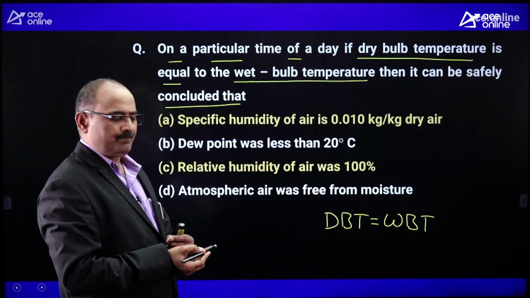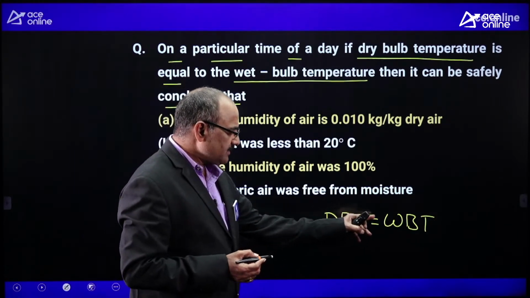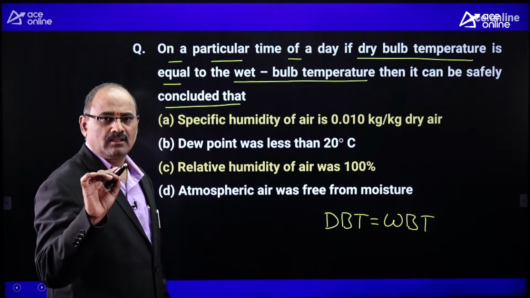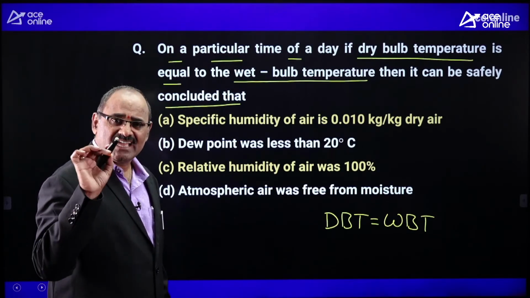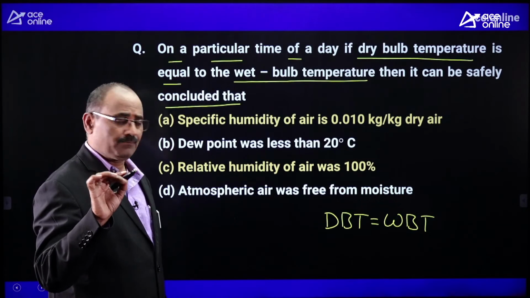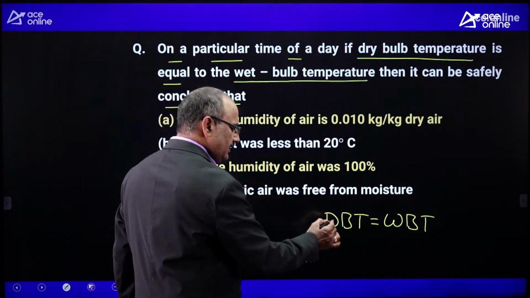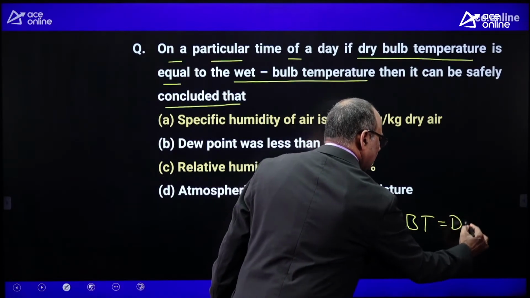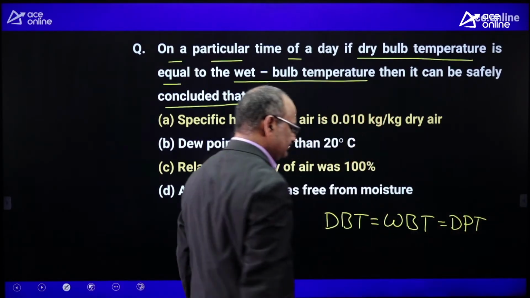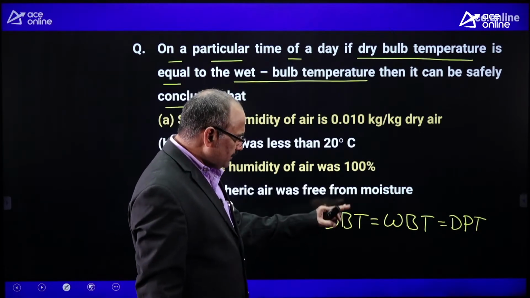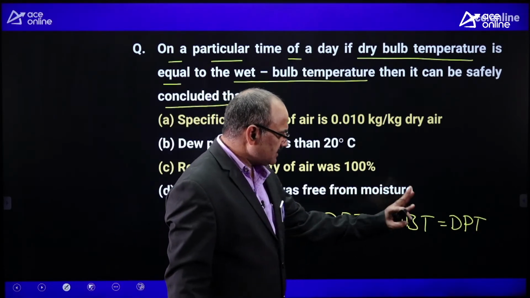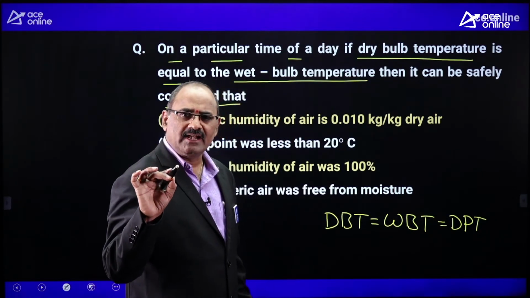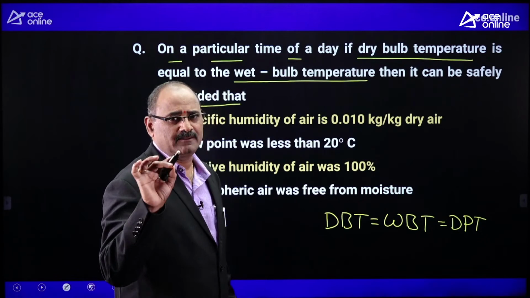Dear friends, remember, the dry bulb temperature and wet bulb temperature both will be equal only for saturated air. Of course, for saturated air, DBT equal to WBT also equal to dew point temperature. Dry bulb temperature, wet bulb temperature and dew point temperature are identical for saturated air.